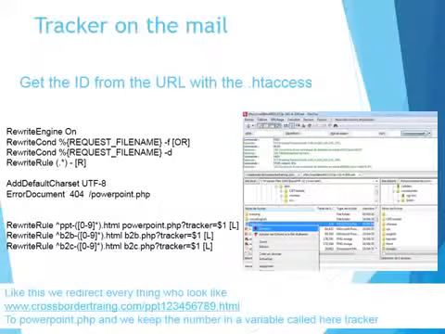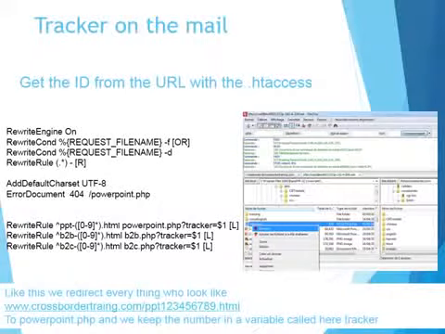Here you can also say if there is a 404, if nothing works and there is no rewrite rule for something, you can go to the PowerPoint, whatever. And the rewrite rules, it's the last three lines: RewriteRule ppt-, you see the parentheses 0-9, this means a number, I want a number .html.